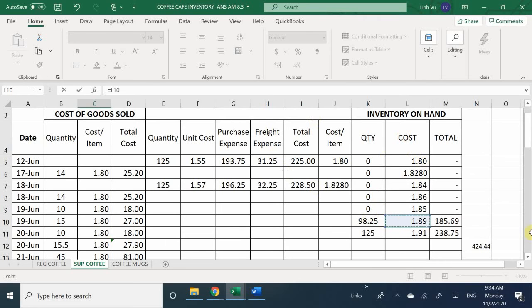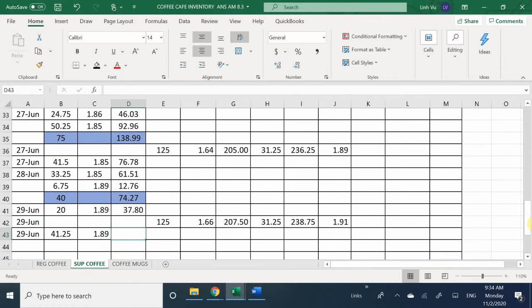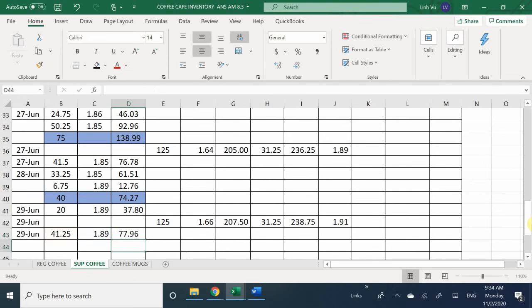Yes, we want to make sure we calculate the cost of goods sold. $1.89 is 41.25 times 1.9, $77.96. Hold on, I have to do an equal round for that because we're using a point. All right, 77.96. Okay.